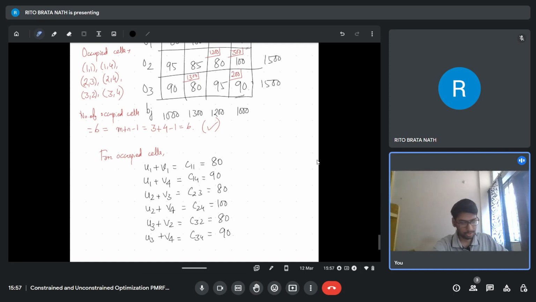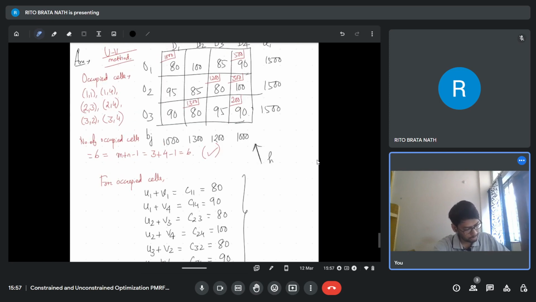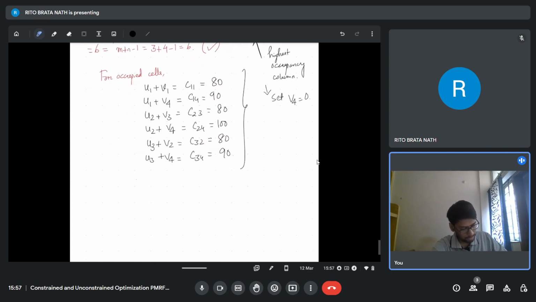Okay, so that's fine. Now the highest occupancy column, not the cell, is this one. So that means set V4 equals 0 and you will get the rest of the values. V4 equals 0 gives you U3 equals 90. Then that gives you V2 equals minus 10. Then it gives you U2 equals 100.